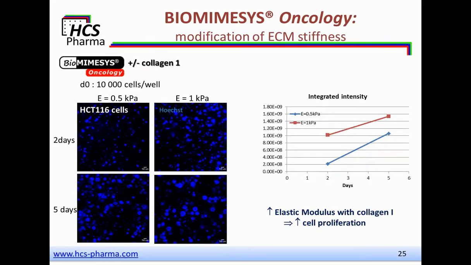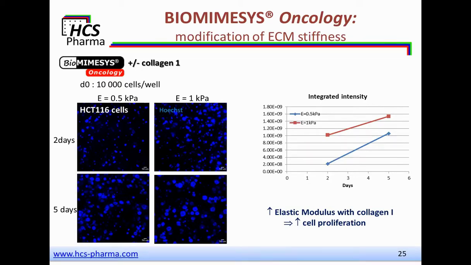And now I will present the results regarding how we can play around with the matrix and with its composition and physical properties, because it's something that can be done with biomimesis but not necessarily with other types of systems. Here we played with the elastic modulus of biomimesis and checked the culture and the growth of HCT 116 cells within a few days.